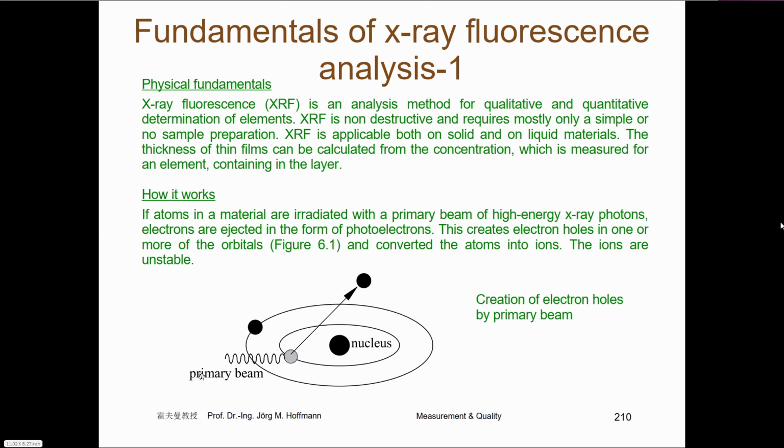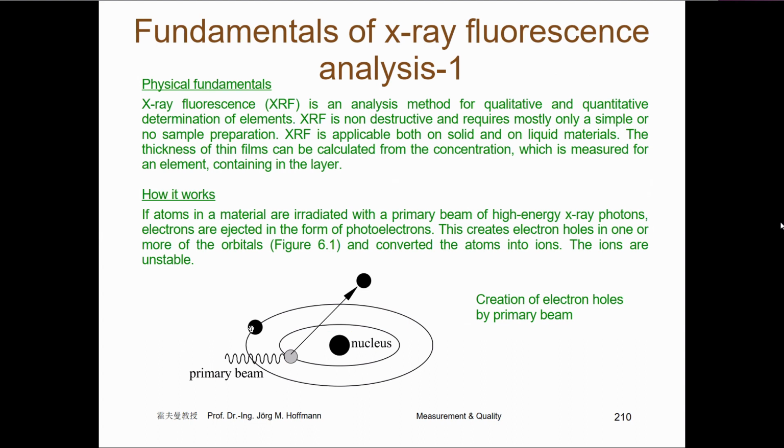You have an excitation beam, a primary beam, and you irradiate the atom of the material, and then you push one electron outside of the atom. And from this, the atom will be unstable. And the atom has the behavior that it wants to be a stable atom.